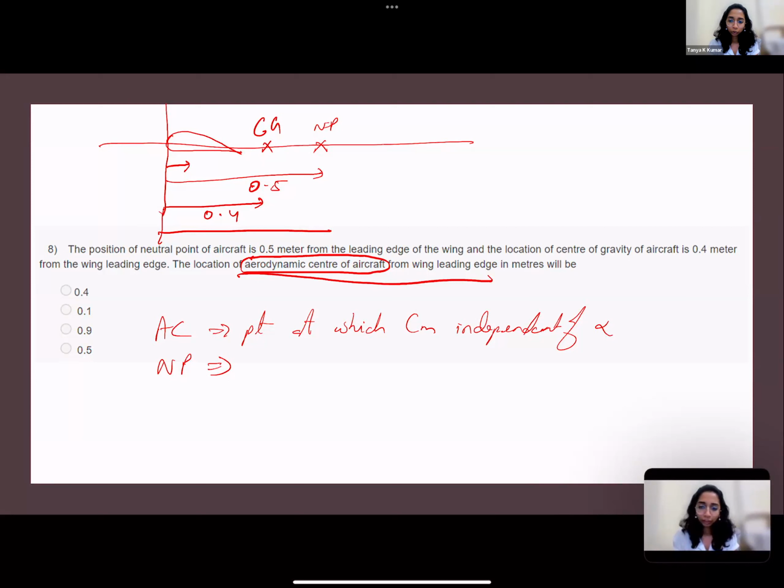Definition of neutral point. Sandra, I think you can get it. We had discussed this and I think you will be able to get it. You're somewhere there. What is neutral point of an aircraft?